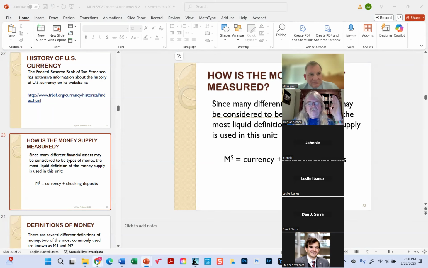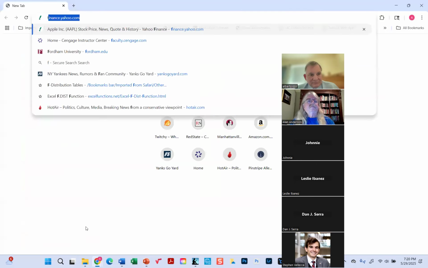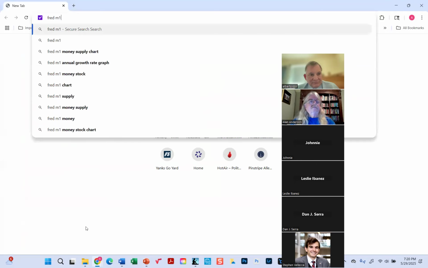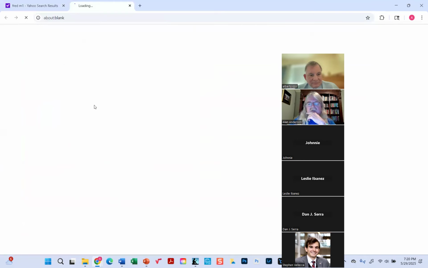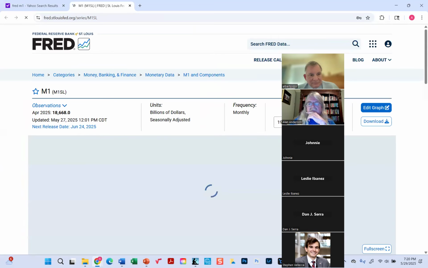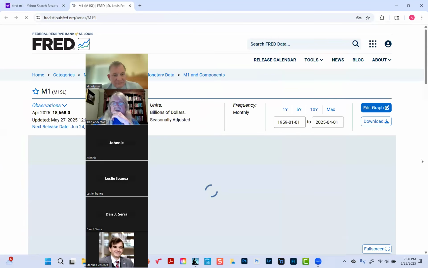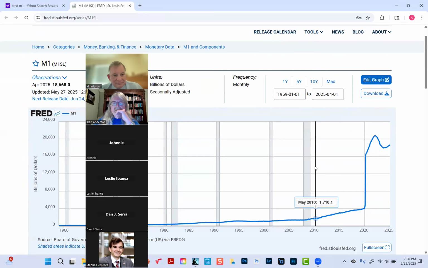In fact, if you look at the Fed database at the St. Louis Fed, if you look at this M1 number, oh, there it is. Okay. I think somewhere along the way they had to change the way they defined it.